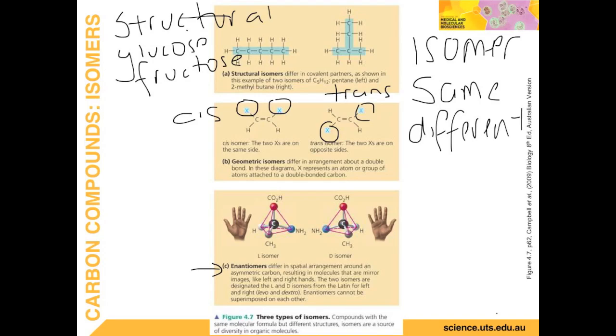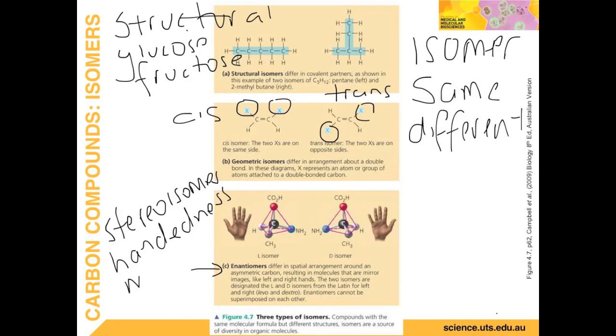An enantiomer is a special case of a stereoisomer. And when we're talking about enantiomers, we're talking about handedness. And these are compounds that are the mirror image of each other, but cannot be overlaid.